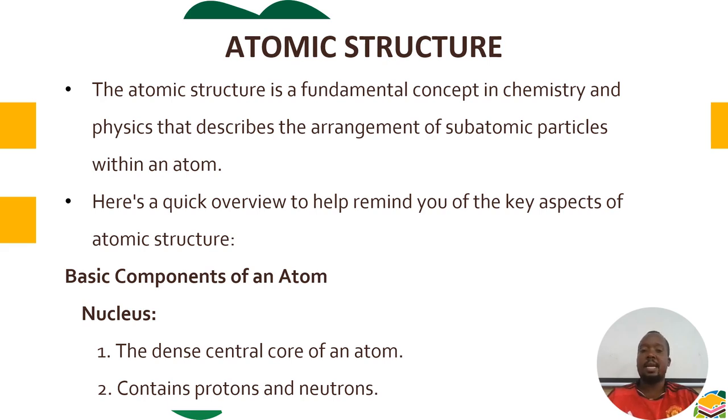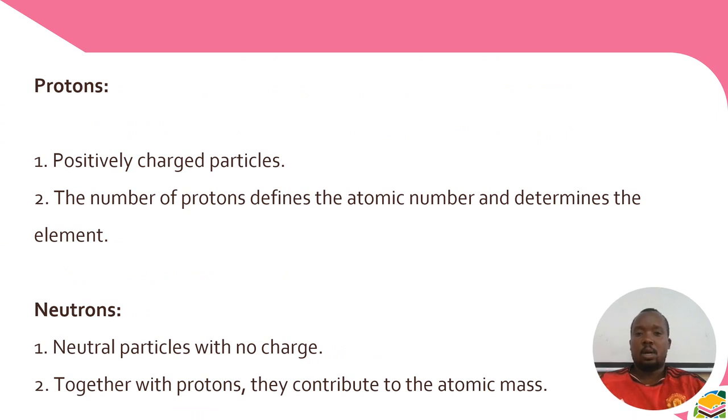We have the nucleus, which is the dense central core of an atom, which contains the protons and the neutrons. The protons, remember, are positively charged, and the number of protons defines the atomic number, and it also determines the element.